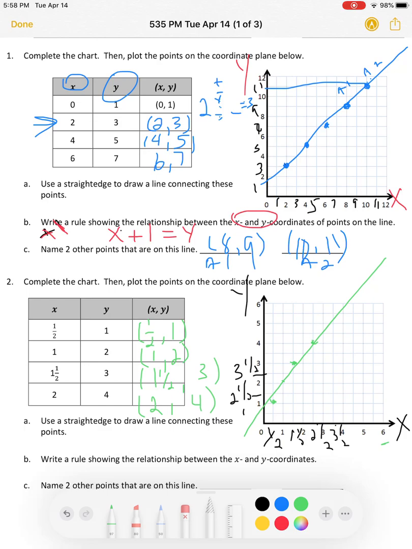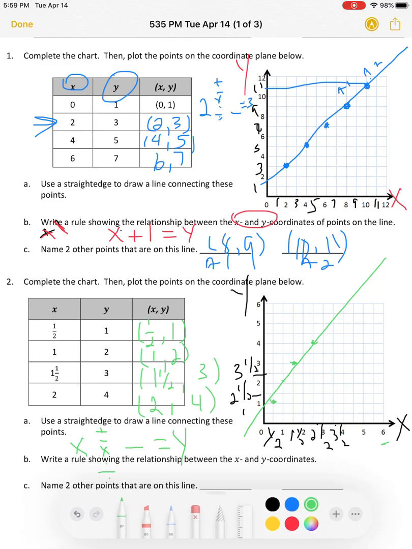So x, plus, minus, multiply or divide, what number equals y.